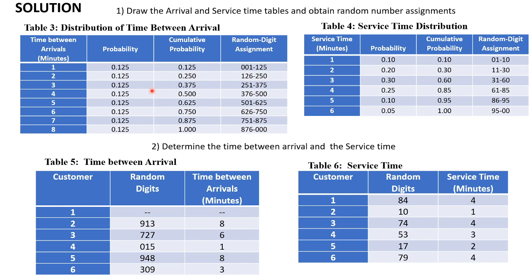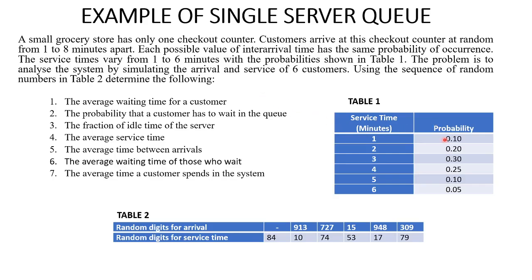Then we also draw a table for the service time distribution. For the service time distribution, we're already given the probability of occurrence here. So we have 6 customers, and then the service time in minutes for customer 1, 2, 3, 4, 5, 6.